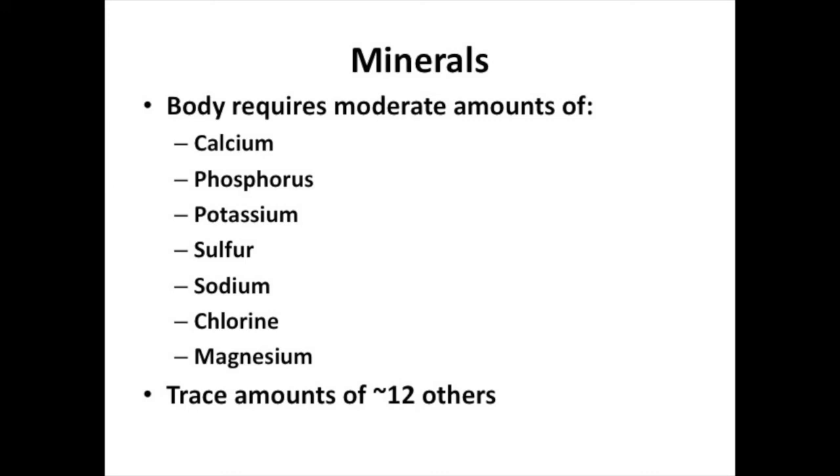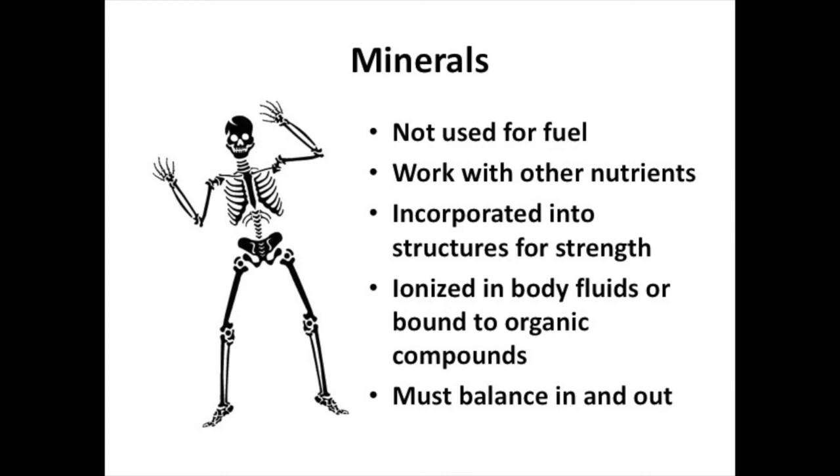So these are the things that the body requires the most of: calcium, phosphorus, potassium, sulfur, sodium, chlorine, and magnesium, and you need very, very small amounts of about 12 others. Now, just because you only need small amounts does not mean they're not important, and a deficiency of them can be really, really detrimental.